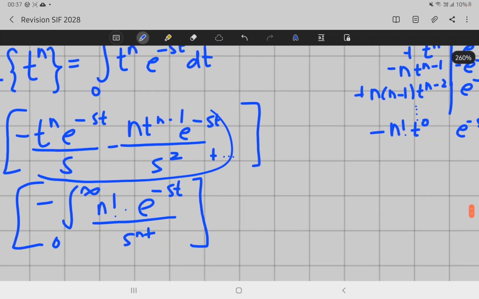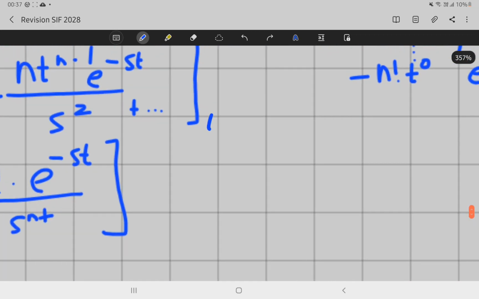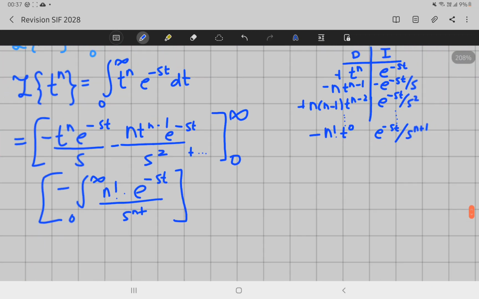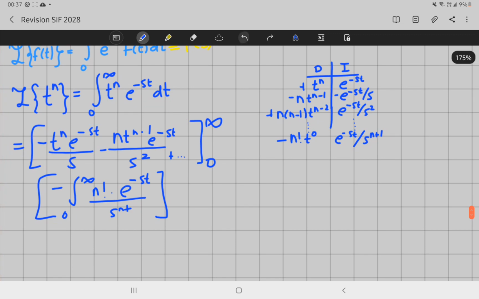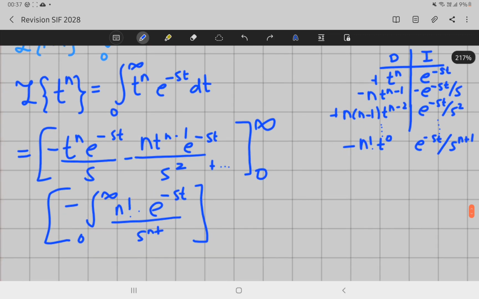Over here we need to evaluate the limit from 0 to infinity. It turns out that all of the terms cancel to 0. When we insert infinity, up to the last term, which is e to the power of minus st, we get 0.